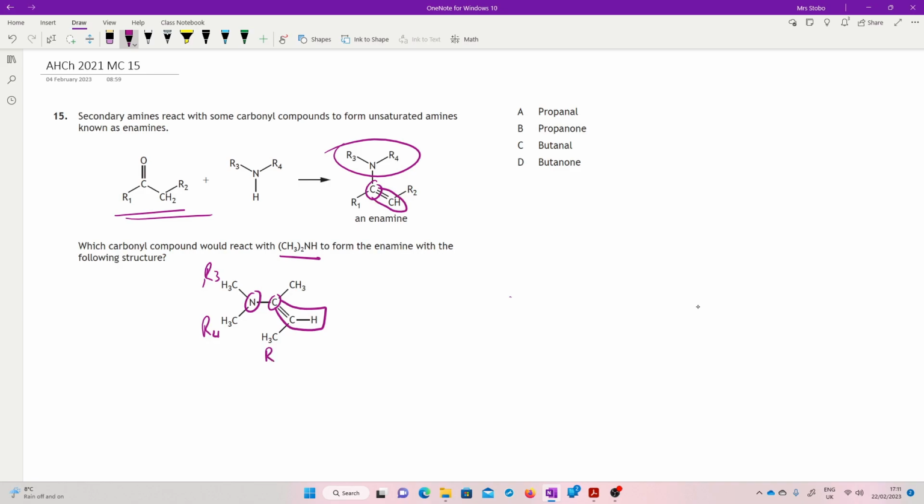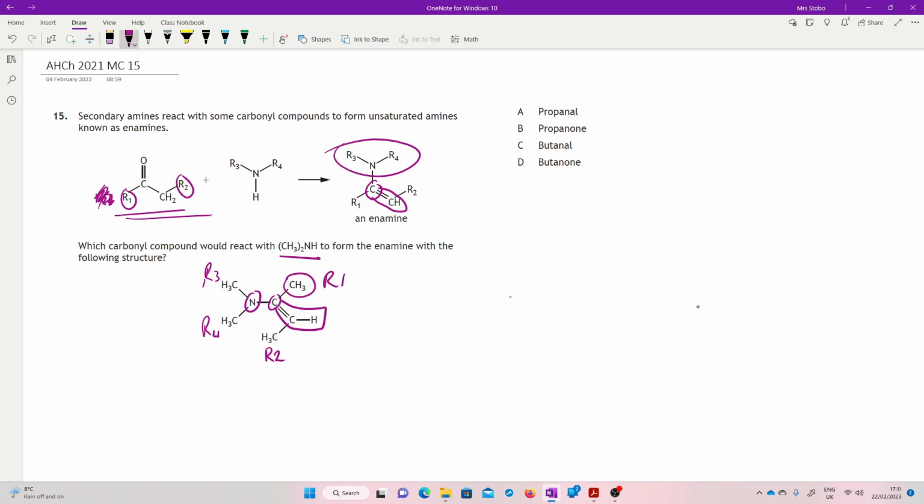The other thing that's attached to that is an R2 group. This R2 is what's attached down here, so I've got a CH3. And my R1 group is up here, which is also a CH3.